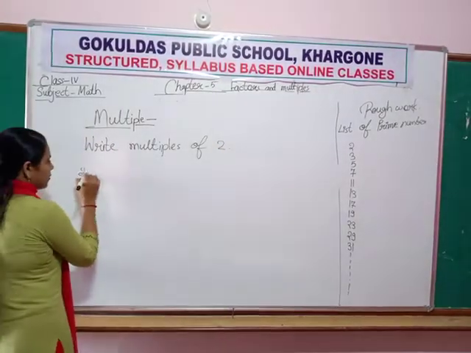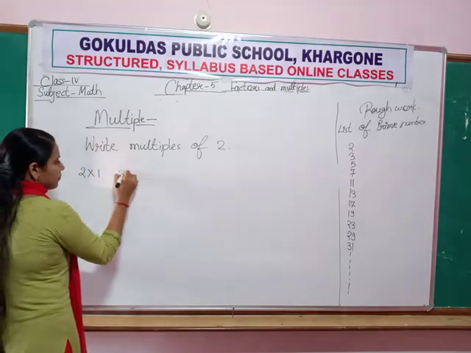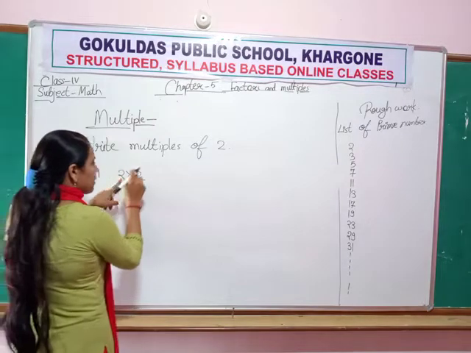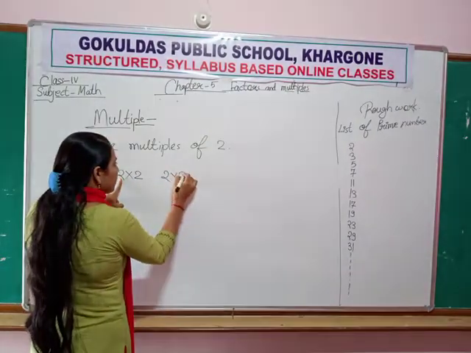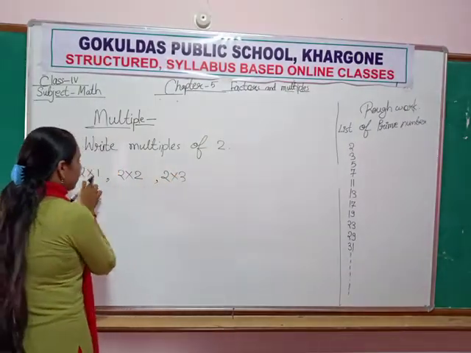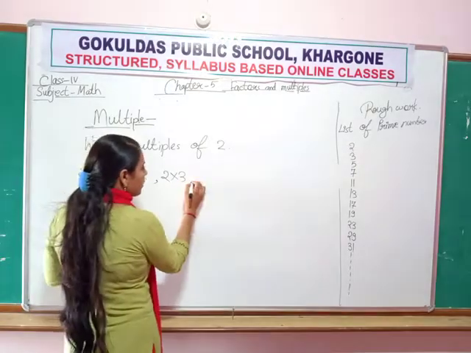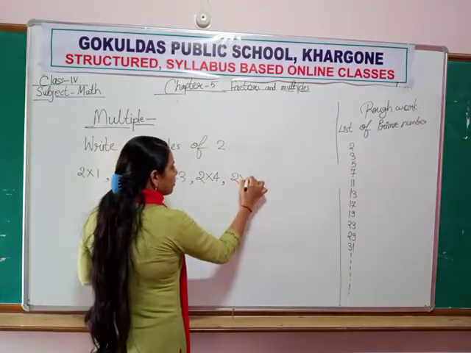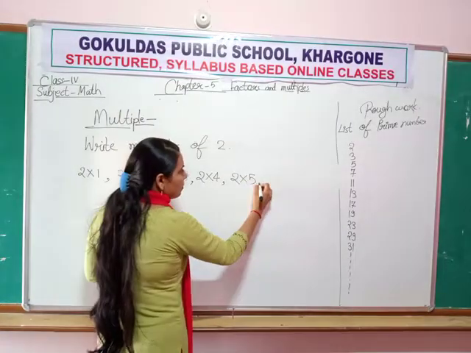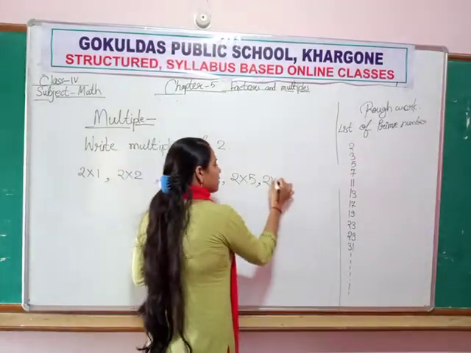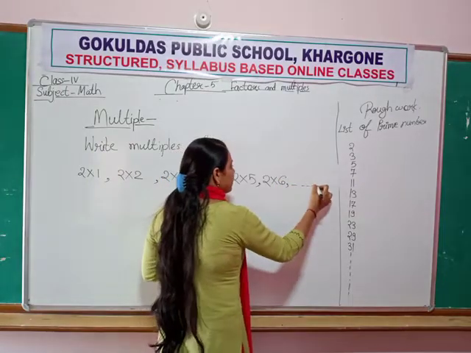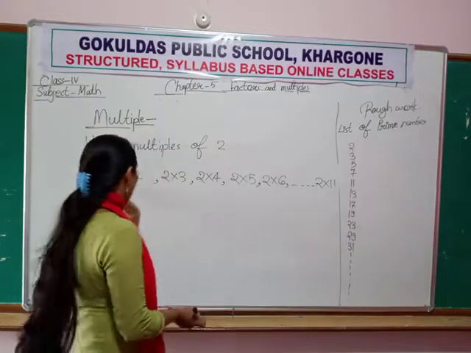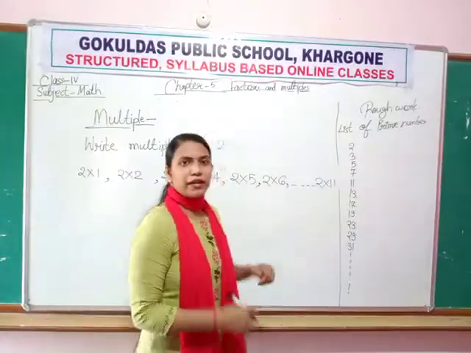You can write 2 into 1, 2 into 2, where number 2 is multiplied with 1, with 2, with 3: first multiple, second multiple, third multiple. 2 multiplied with 4 means fourth multiple, 2 with 5 means fifth multiple, 2 with 6 means sixth multiple, and 2 with 11 means 11th multiple. All these are the multiples of number 2.